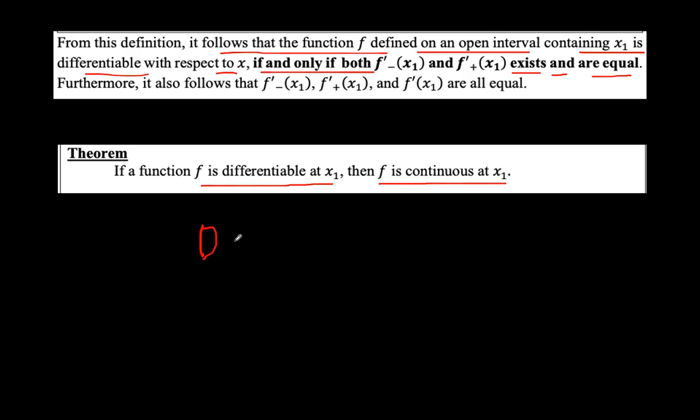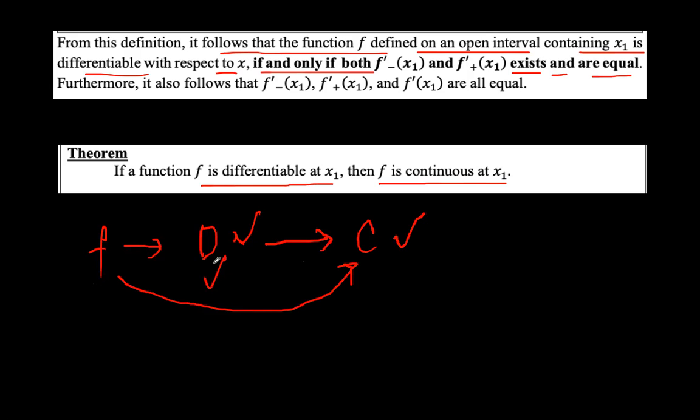So once we find out that a function is differentiable, check, it goes to show that the function is continuous, check as well. Again, if the given function was proven to be differentiable, then automatically that function is continuous, as long as it satisfies the given definition for differentiability.